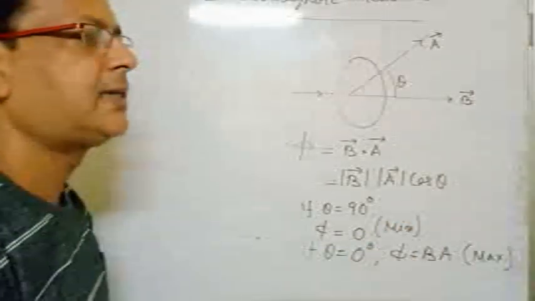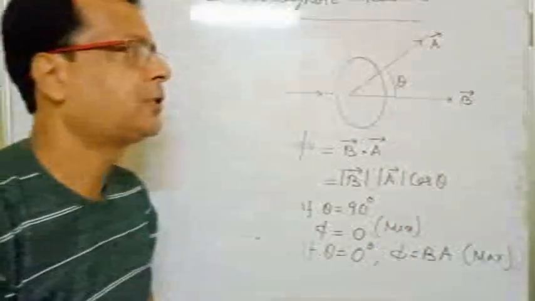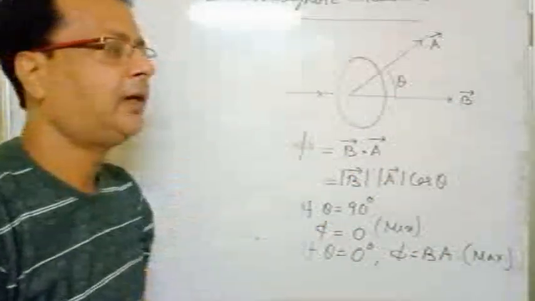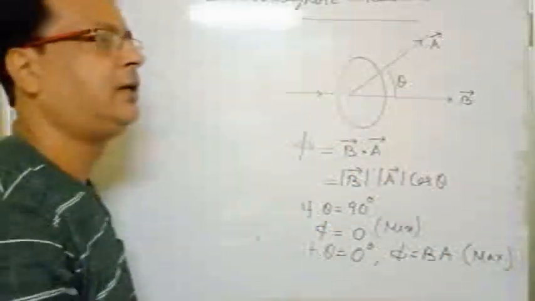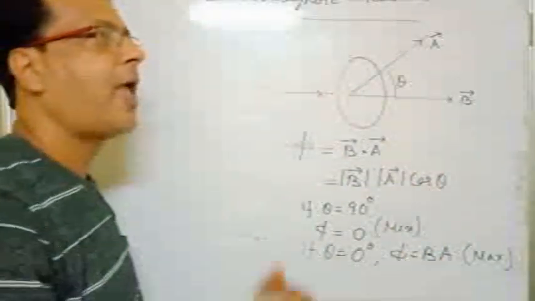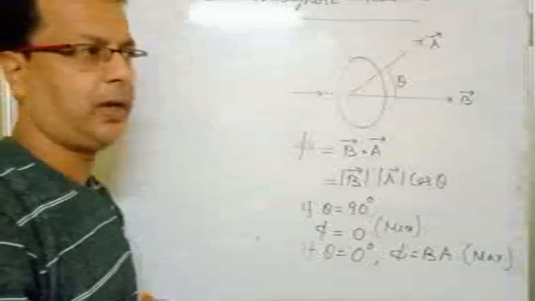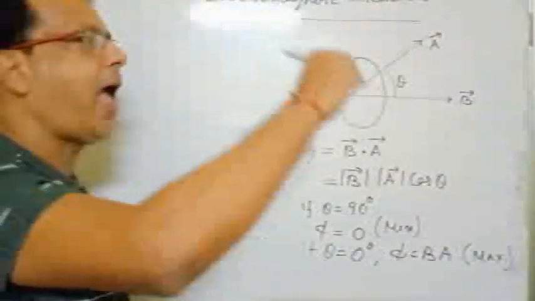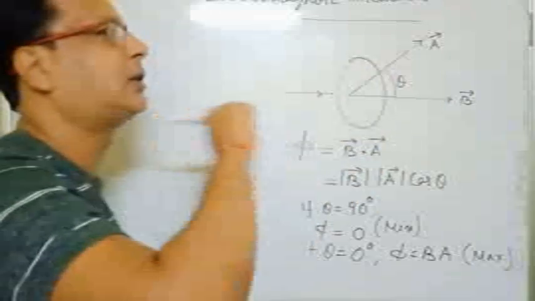It is just like this. Suppose you have lots of wind coming towards you. Now if you stand facing the wind, the wind will come and hit you. The maximum number of air molecules will come and hit you this way. So your area vector is this way and the direction of wind is also this way.